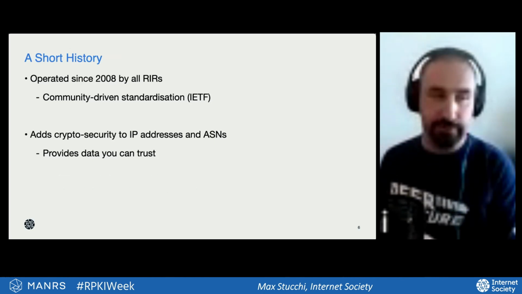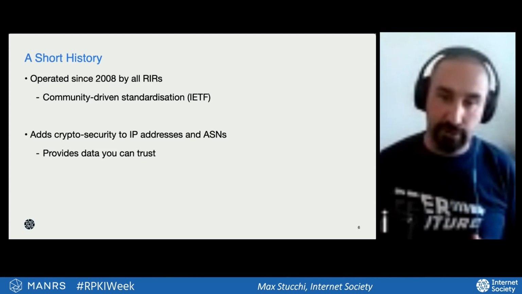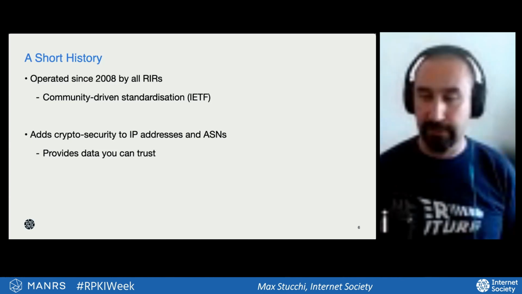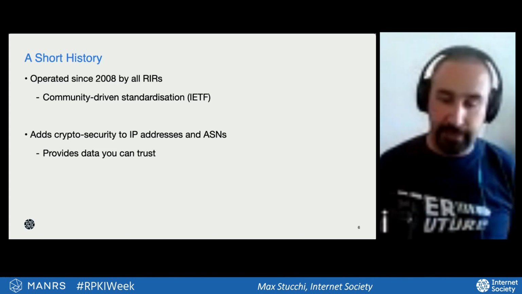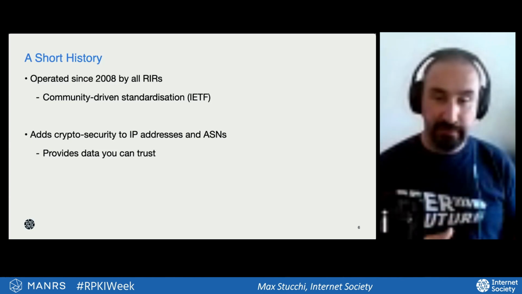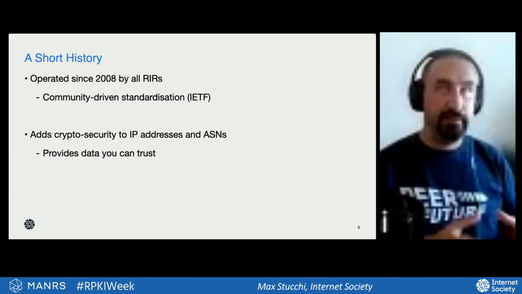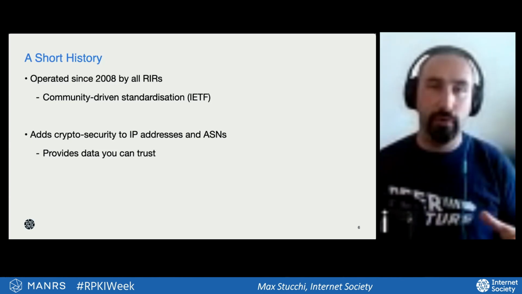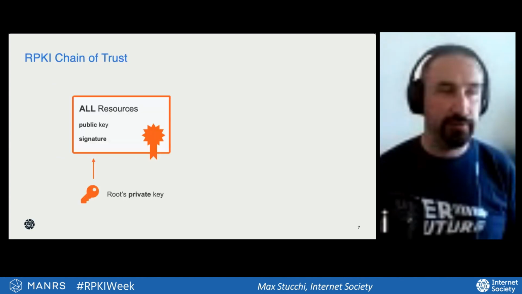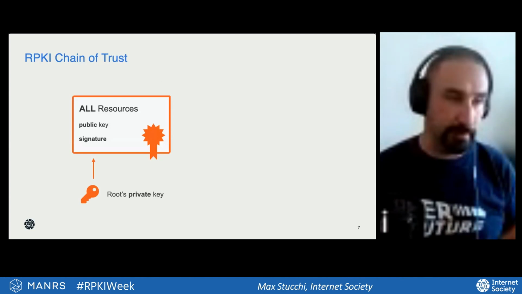We move route objects to be signed so we can trust where they come from, if we can verify the signature and the certificates associated with them. And with these, we get data that we finally can trust. So the idea was to take what we had, make it more trustable, and make it follow the chain of trust of the regional registries. And we'll see that in a moment.